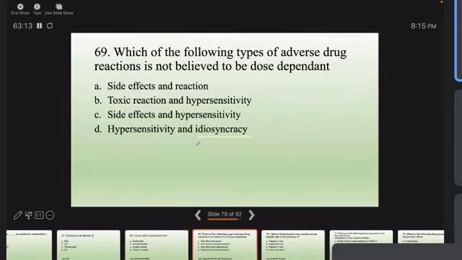We have all heard of cytochromes, right? So that might be different for each individual. So that is called idiosyncratic. That means you're unusual from other people. Okay, so the answer here is hypersensitivity and idiosyncrasy, right? Okay, so let us move to the next question.